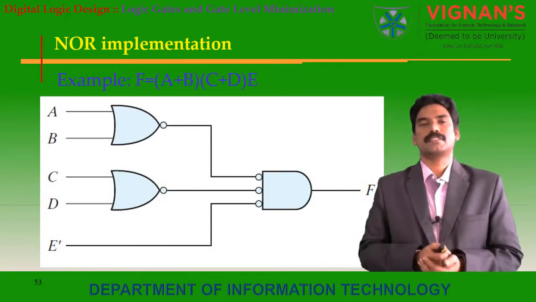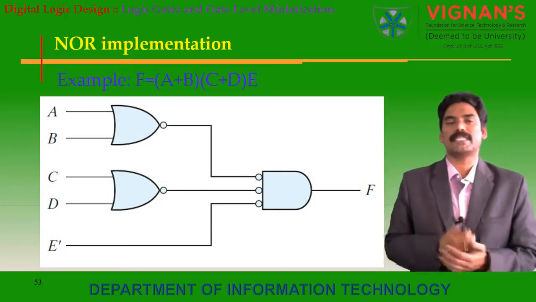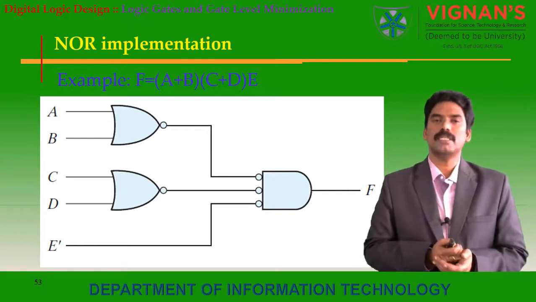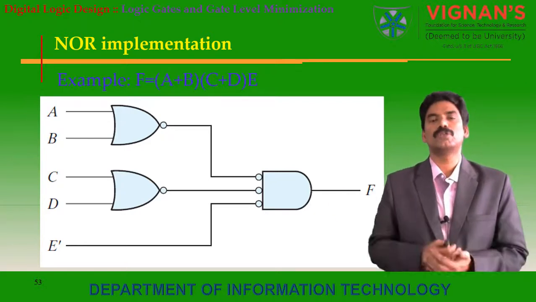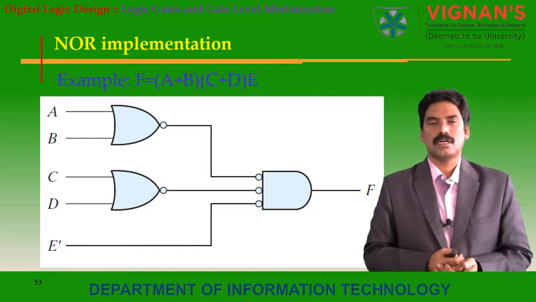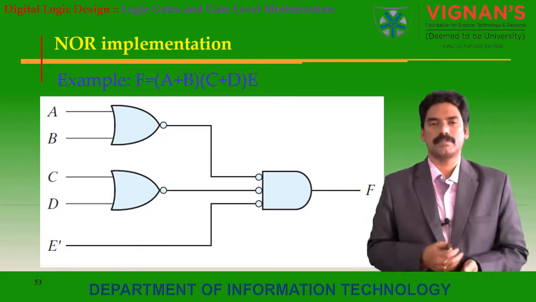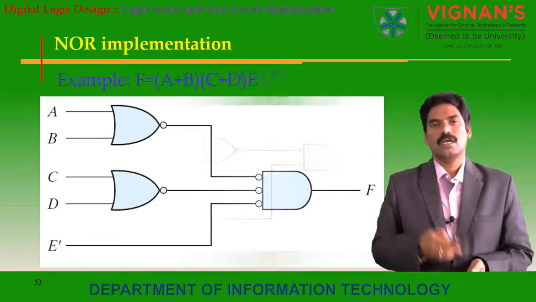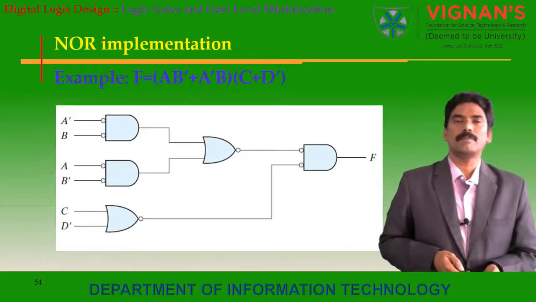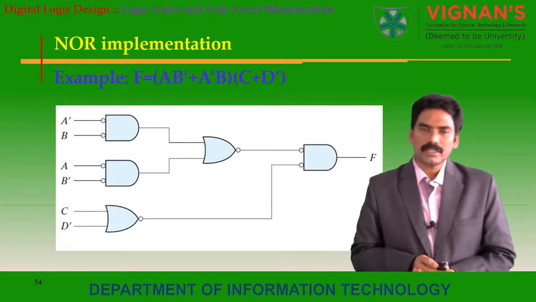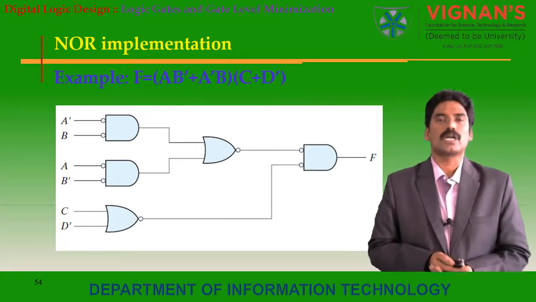And here is the expression, f is equal to a plus b into c plus d into e. So by using these NOR gates and invert AND gates, we can implement this diagram. And this is another diagram of NOR implementation by using invert AND and NOR gates.